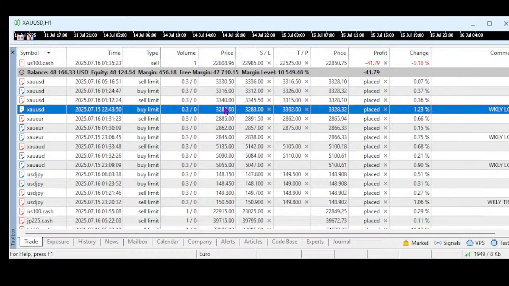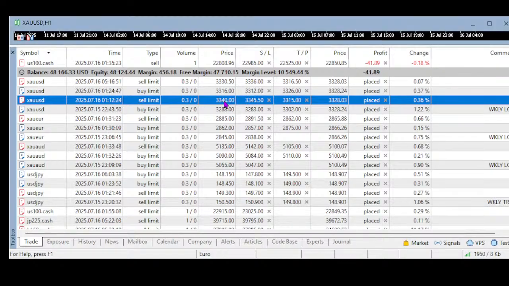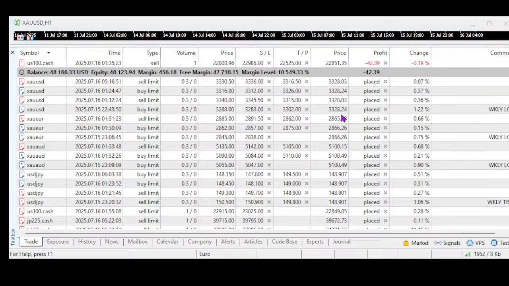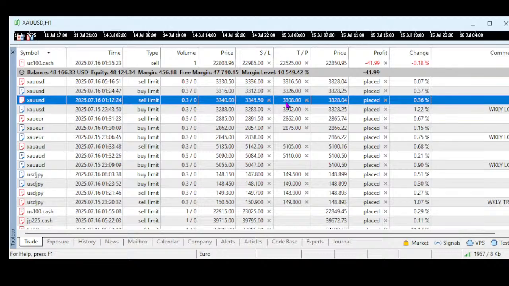Okay, so remember the daily sell, we were expecting sell at 40. So at this target we should lower it to 08 or 03. Okay, 08 or 03. So this is your daily target which we are expecting.